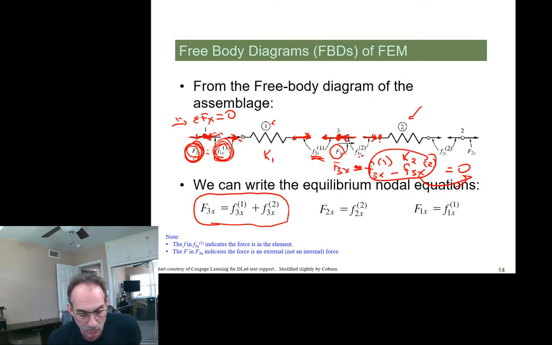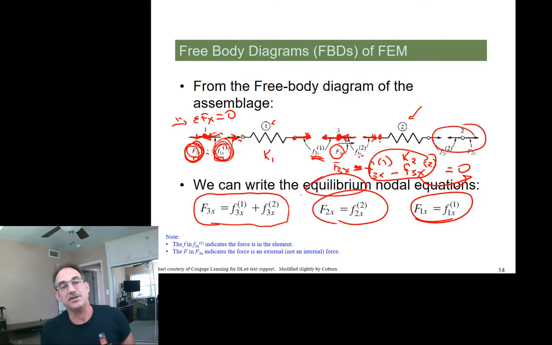And so on. F1x minus little f1x in element 1 has got to be equal to 0, and these have to be the same also.